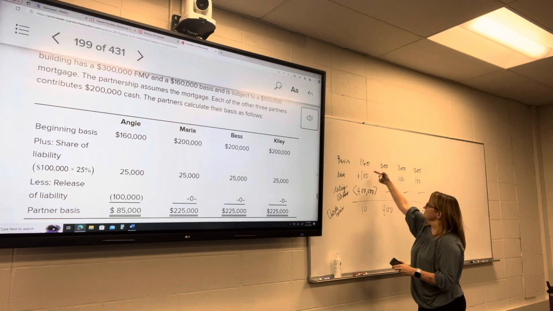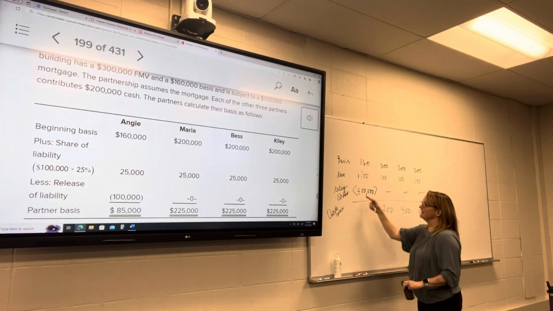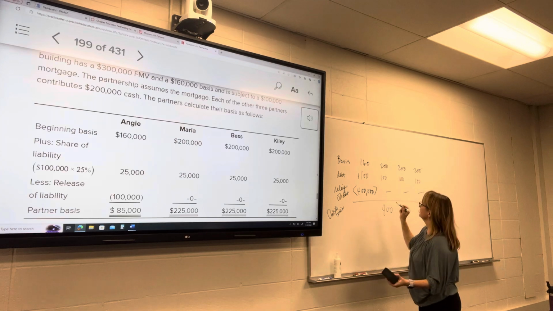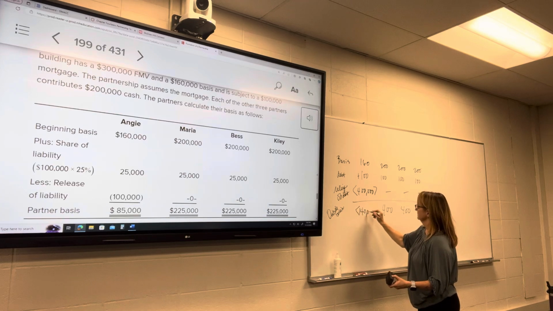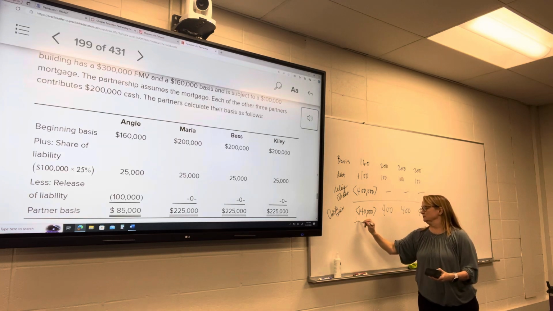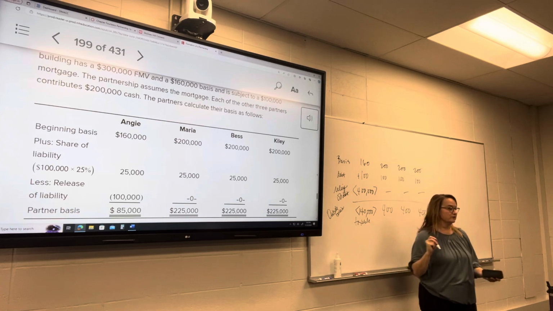Here we're subtracting, so we were at 260 minus 400,000, now we're in negative territory, right? So what is that, 140? Is that right? This is going to be taxable. She's going to have to pay tax on that, $140,000.